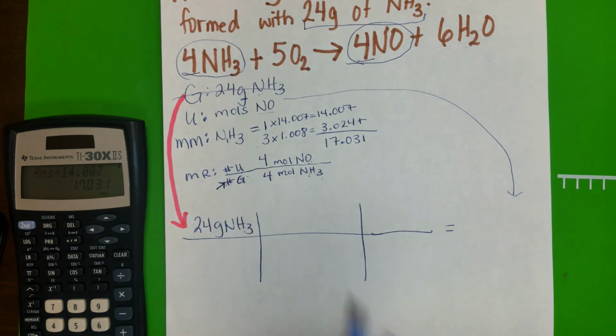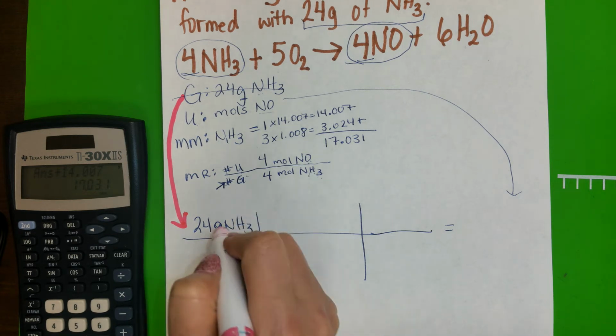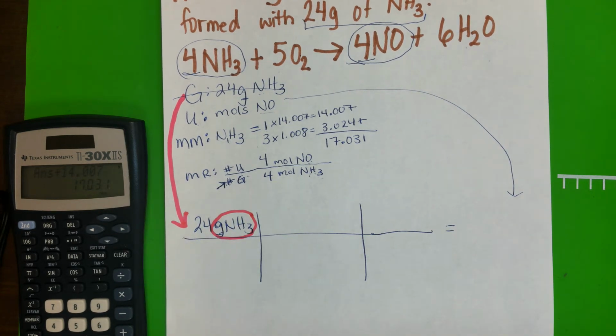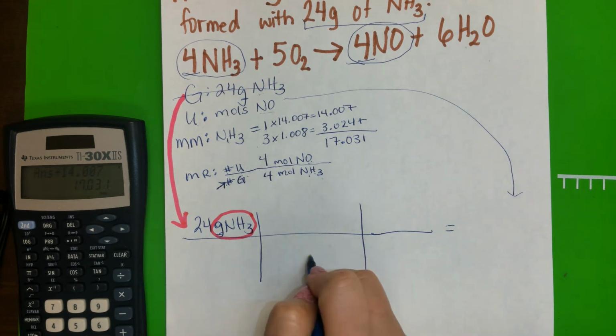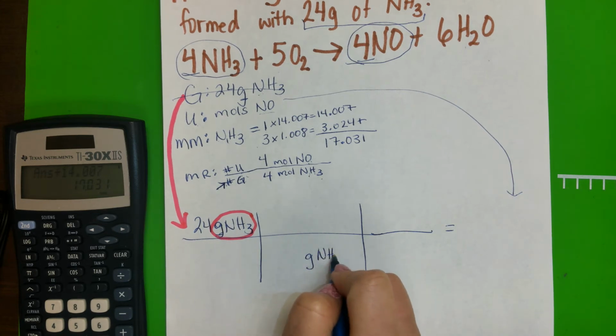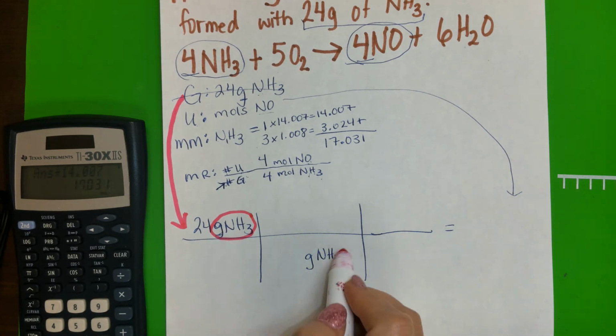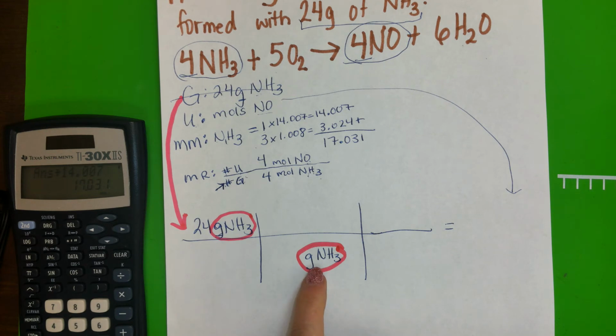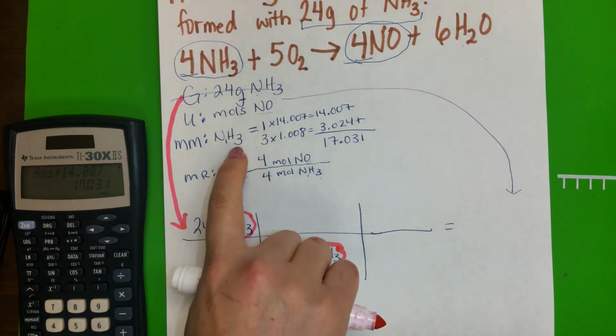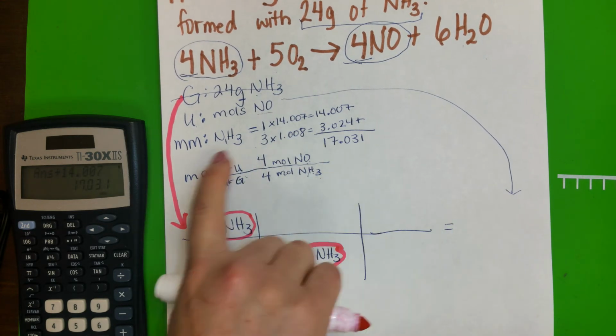So now, since this is grams of NH3, then this one has to be grams of NH3. Okay, it has to be the same. The only one that is grams of NH3 is your molar mass.